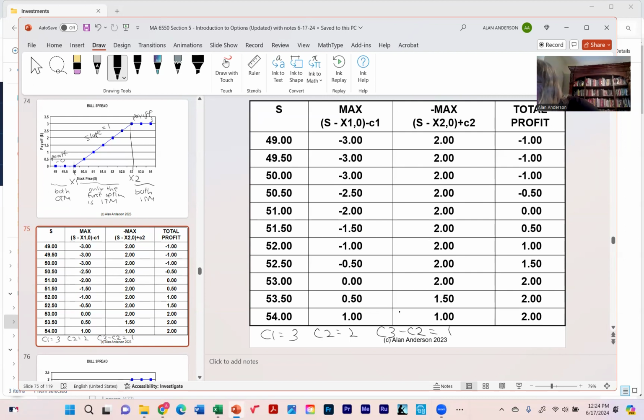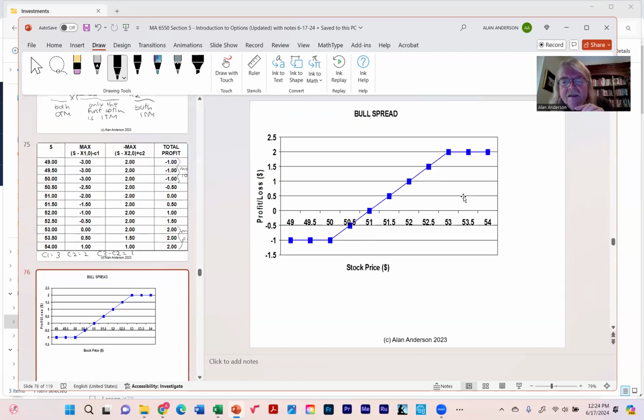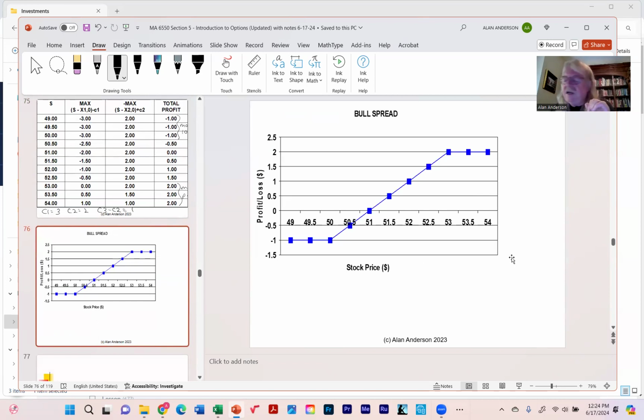Again, if you notice, there's a limit. That's the maximum loss. And here's our maximum profit. So we're going to be bounded between a loss of $1 and a maximum gain of $2, sorry.